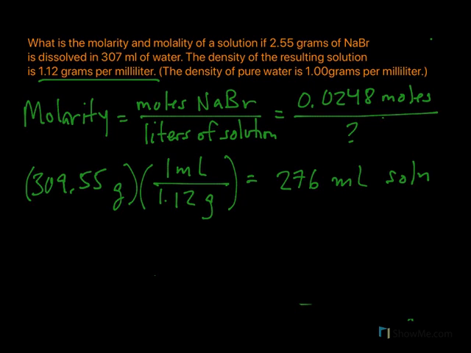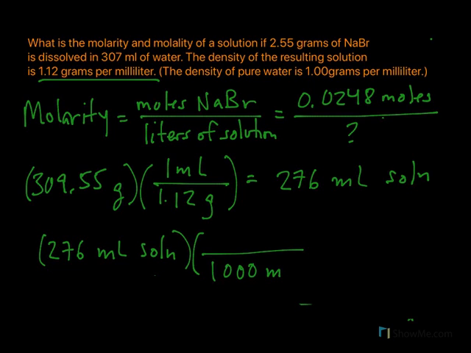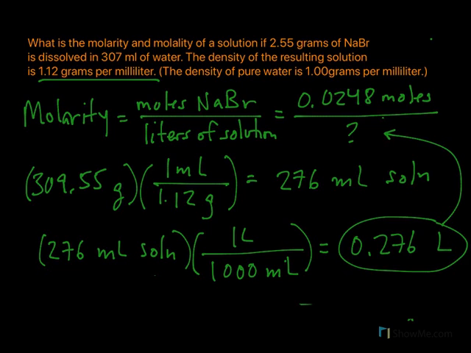For molarity, we need liters of solution and not milliliters of solution. So turning 276 milliliters of solution to liters of solution, just divide this number by 1,000, and we get 0.276 liters of solution. That is the number we put in here.